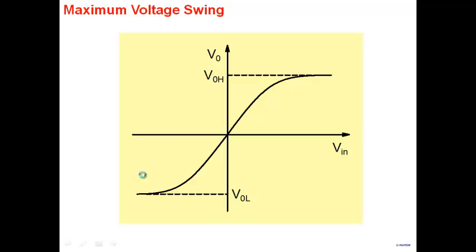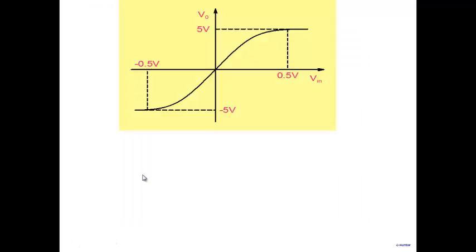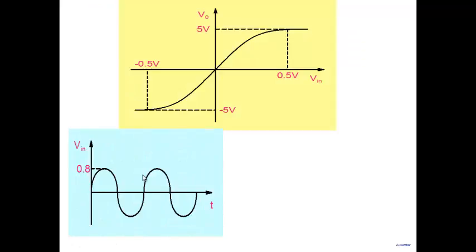In this context, you can see what would happen. If you're clear of VOH and VOL, less than the maximum output voltage, and you apply a sinusoid, you'll find that the output is also a reasonable sinusoid. But if you drive an amplifier hard, what would you start to notice?